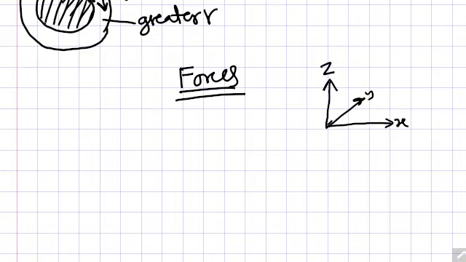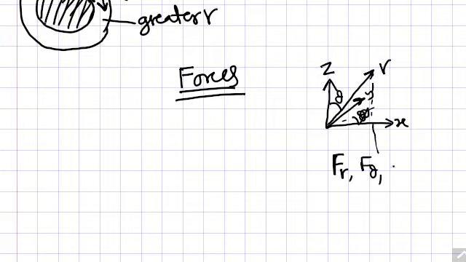This direction is radially outward, this is r, this angle was theta, and the angle its projection is making on the x axis is phi. So there can be forces F in r direction, or in theta direction, or in phi direction.